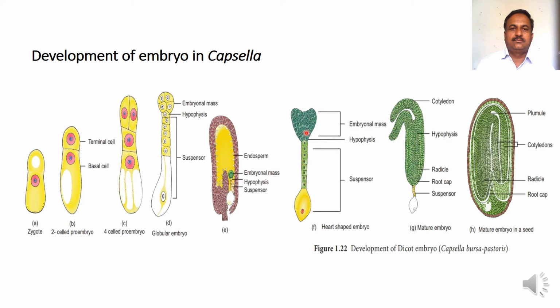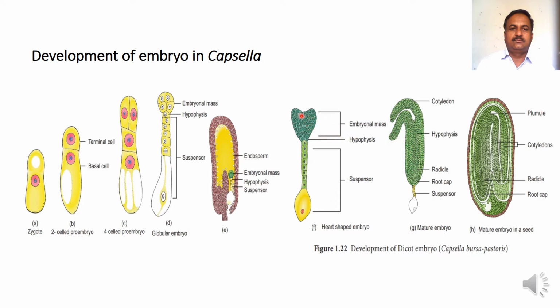This is the later stage of the embryo in Capsella. Here the embryo looks heart-shaped, therefore it is called a heart-shaped embryo.